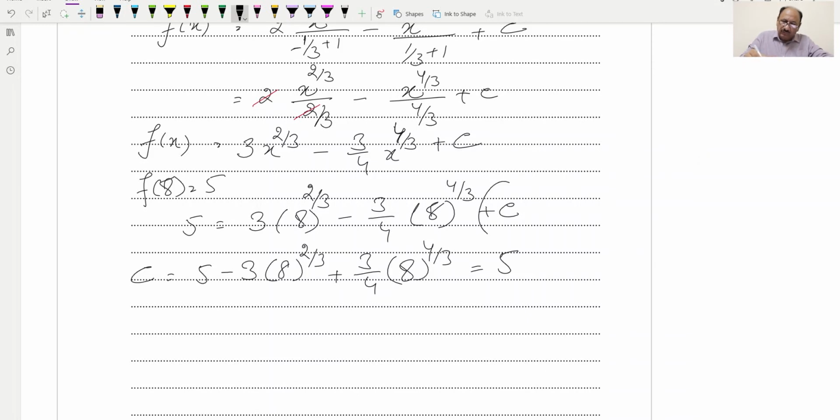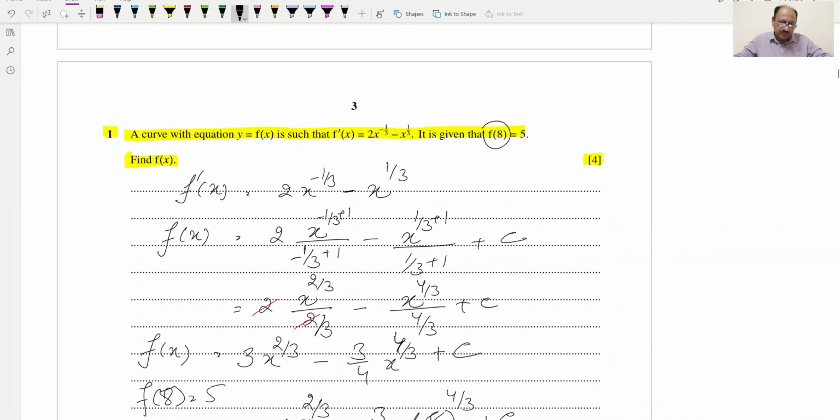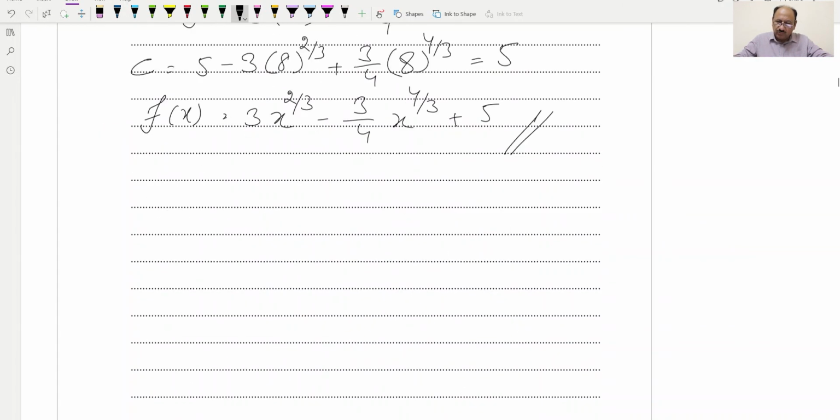We will replace c by 5, and we will write this equation as f(x) is equal to 3x^(2/3) minus 3/4 x^(4/3) plus 5, and this will be the f(x) which is required, and this was for 4 marks.